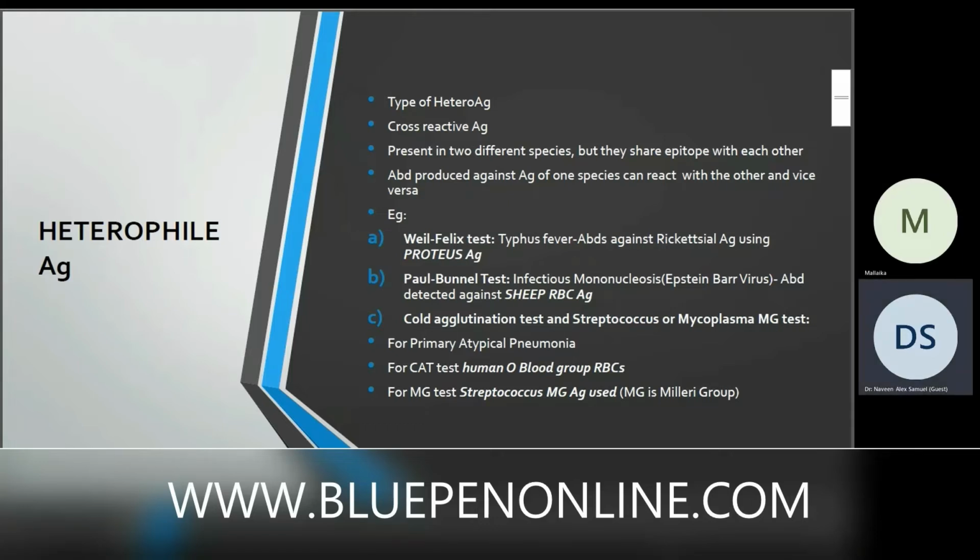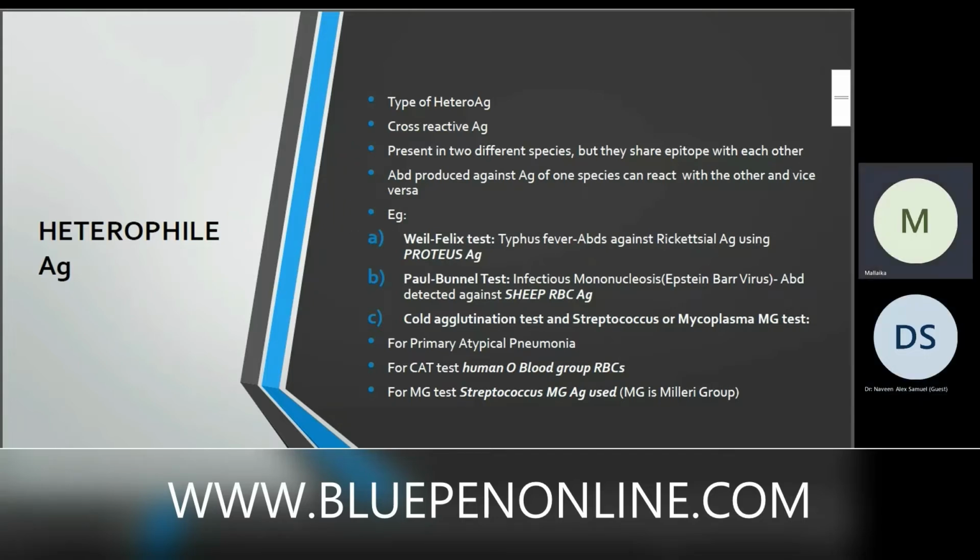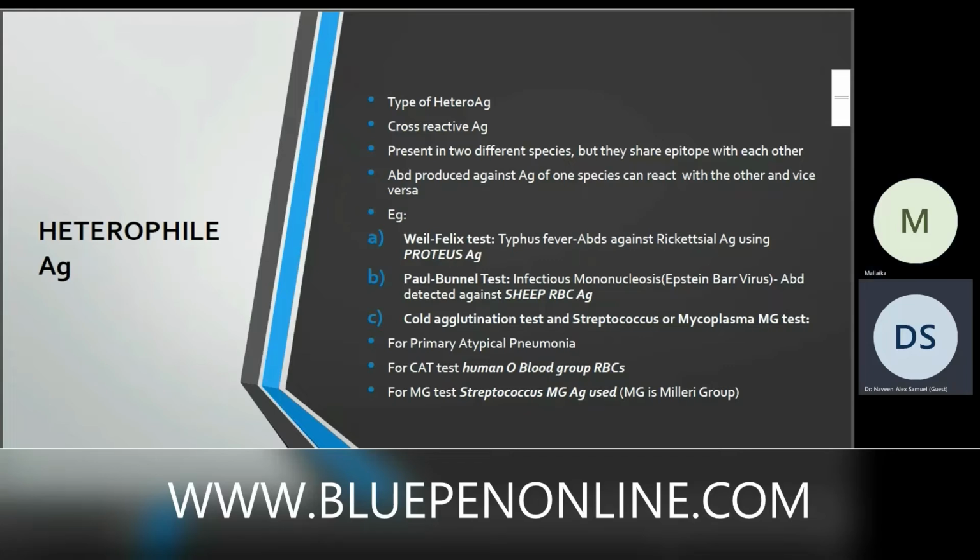Got it? Understood? Or are you confused again? Just take the example. The Weil-Felix test is a test for typhus fever. Typhus fever is caused by rickettsia, so we have to diagnose the rickettsial antigen, but we don't have any test to diagnose it directly.